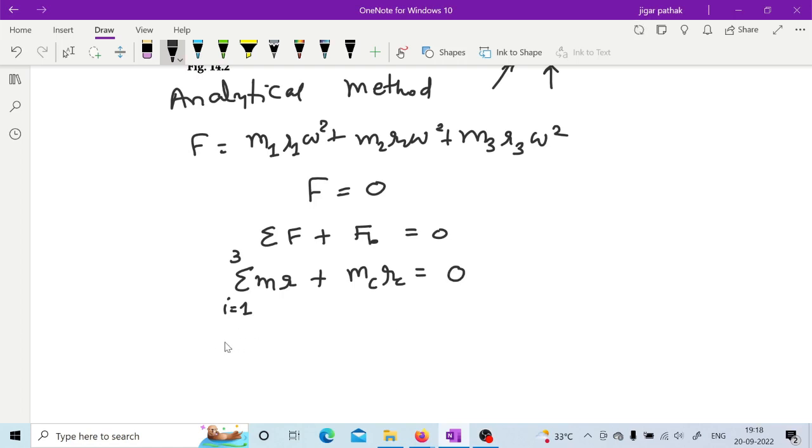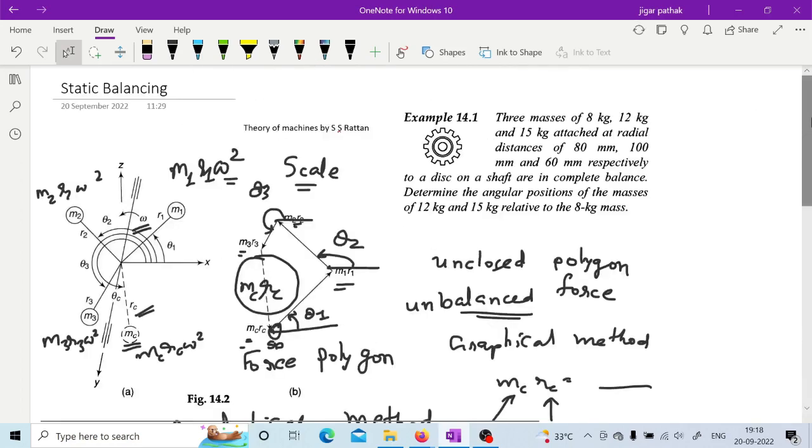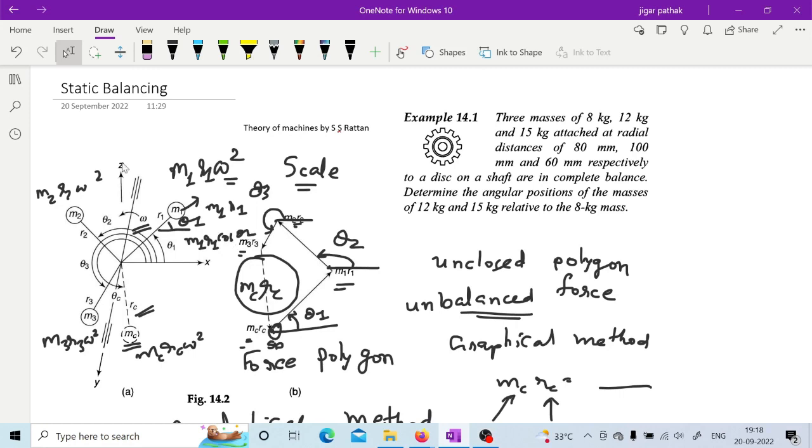Now if you observe this figure, you have the horizontal and vertical components of each force. This m1 r1 is acting in this direction, which makes an angle of theta 1 with the x-axis. So the component along the x-axis will be m1 r1 cos theta 1, and the component along the y-axis will be m1 r1 sin theta 1.